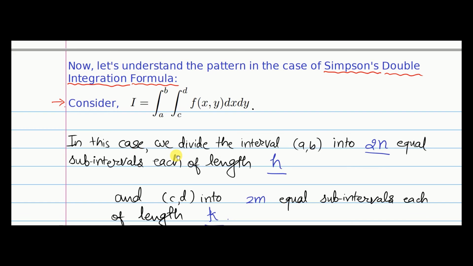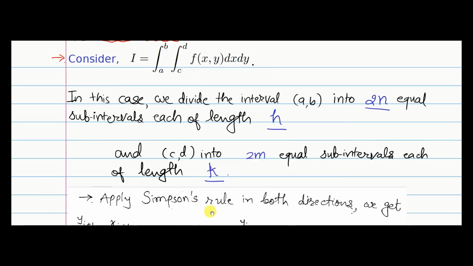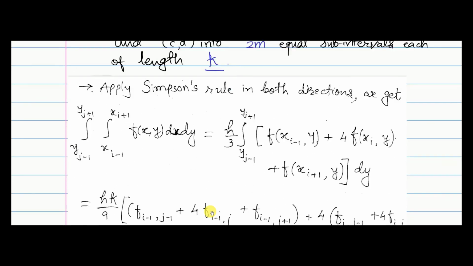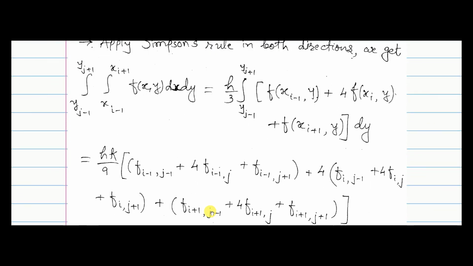Already we are aware about this thing, that while working with Simpson's formula, the number of subintervals should be even. So here we have considered 2n subintervals, each of length h. And similarly, the other interval c to d is broken up into 2m equal subintervals, each of length k. Fine. So we will apply Simpson's rule here in both the directions.